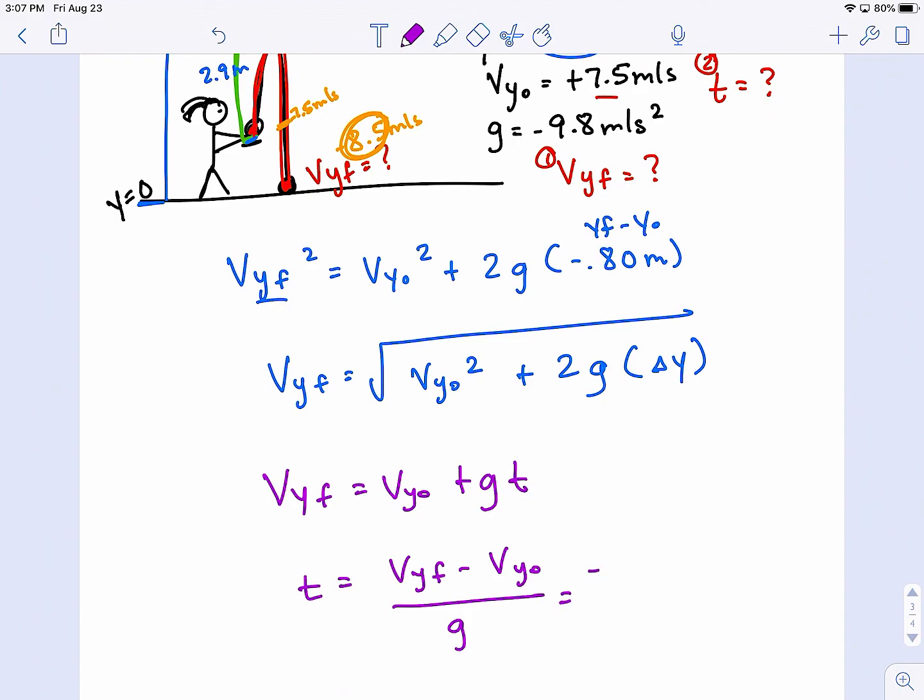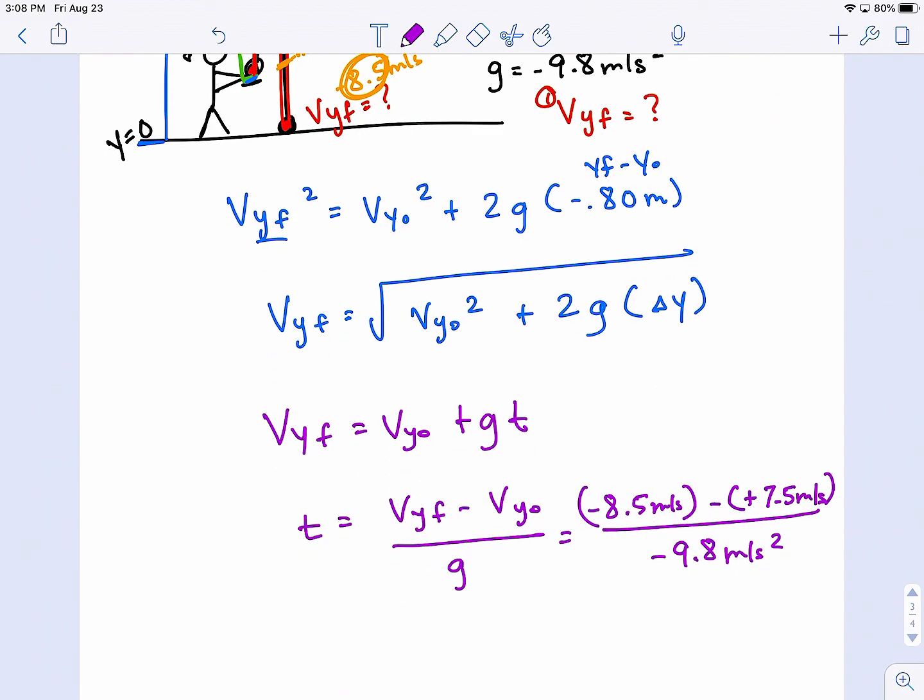And so this would be negative 8.5 meters per second minus a positive 7.5 meters per second divided by negative 9.8 meters per second squared. So if you plug that into your calculator, we get 1.63 seconds.